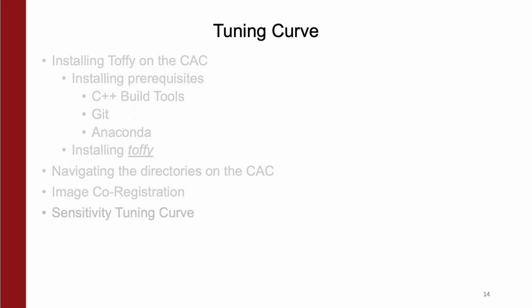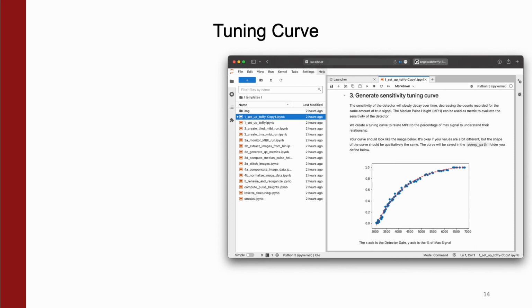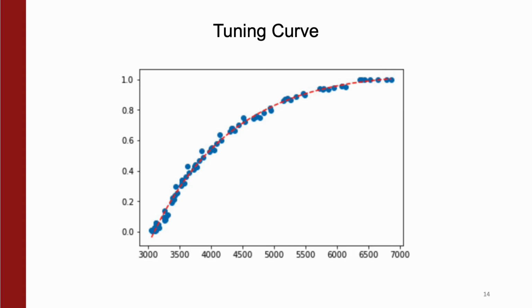Next, we're going to generate the sensitivity tuning curve. The sensitivity of the detector will slowly decay over time, decreasing the counts recorded for the same amount of true signal. We use median pulse height as a metric to evaluate the sensitivity of the detector. Head down to section 3 of the first notebook, and we'll create the following curve. As an illustration, here's this curve.